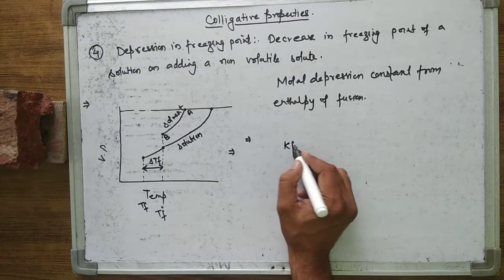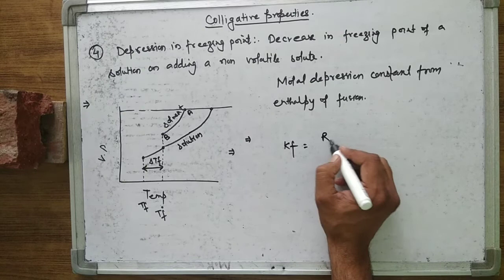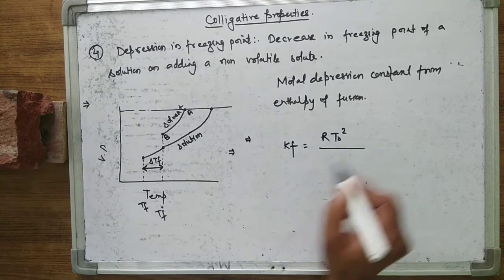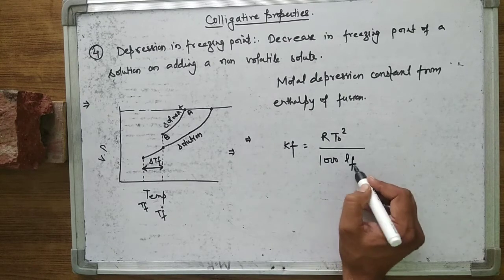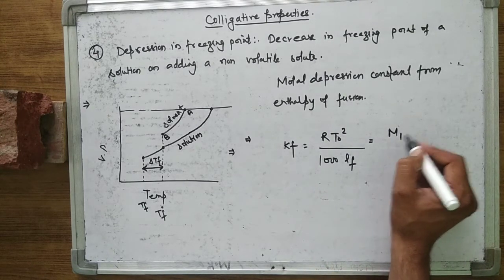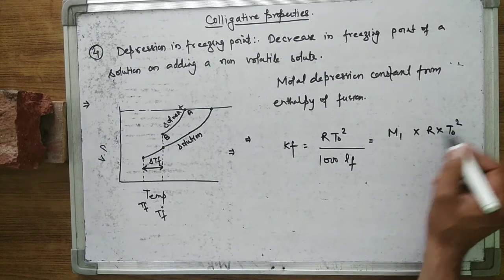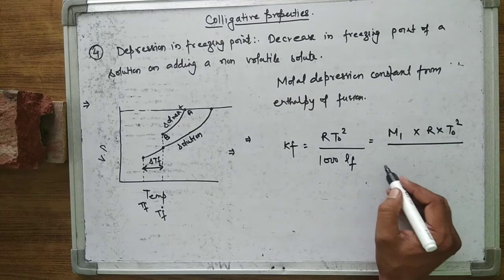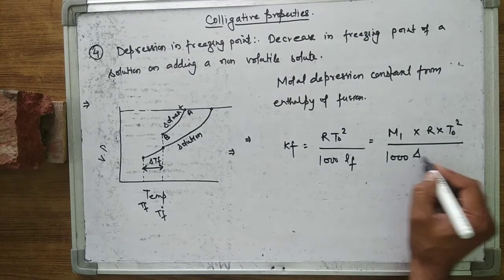KF is equal to R T naught square divided by 1000 L F, the enthalpy of fusion, that is equal to M1 into R T naught square over 1000 times enthalpy of fusion.